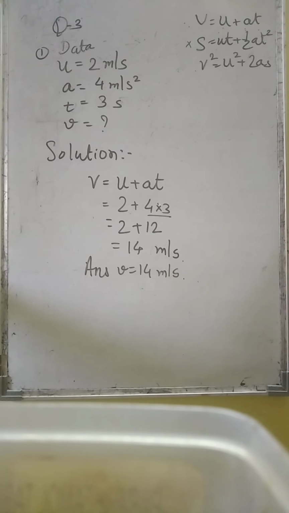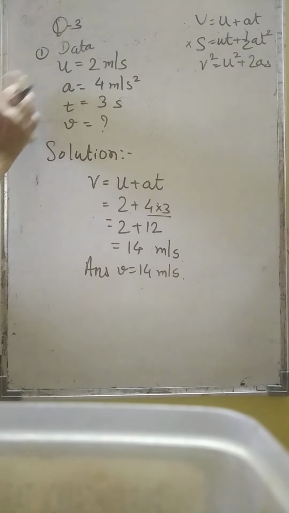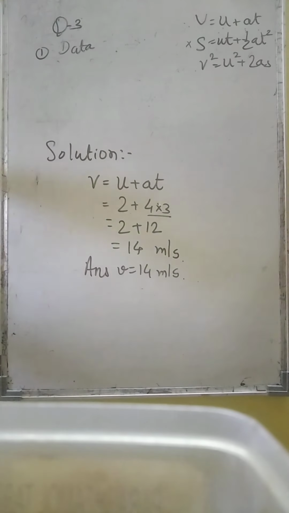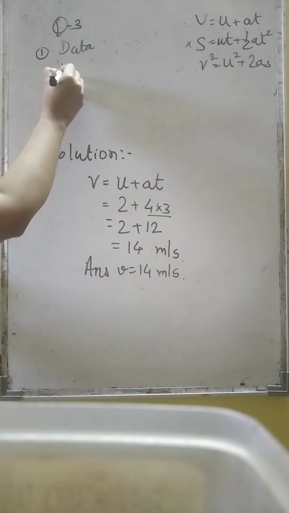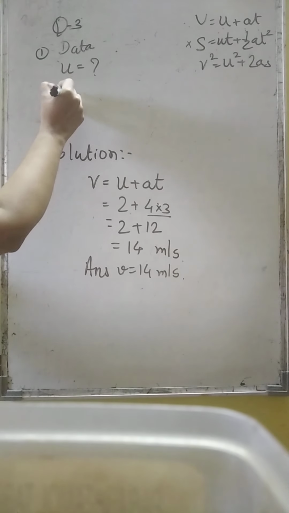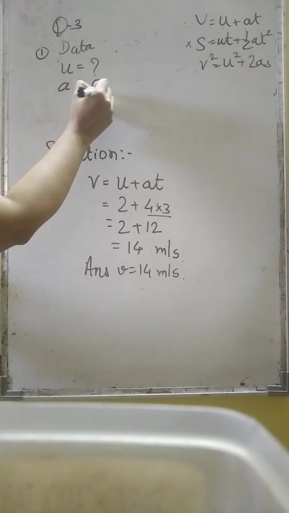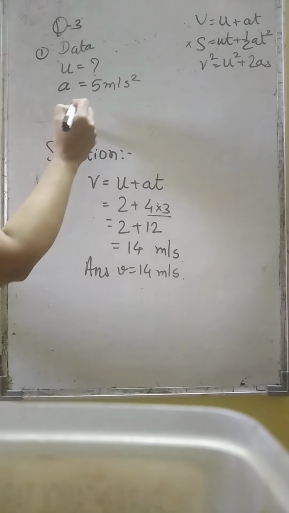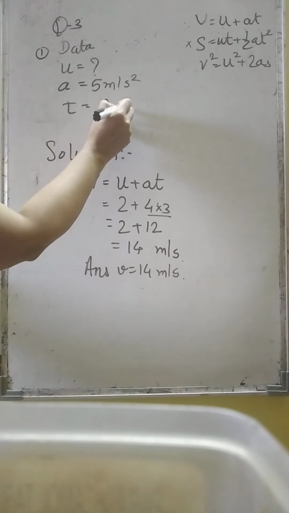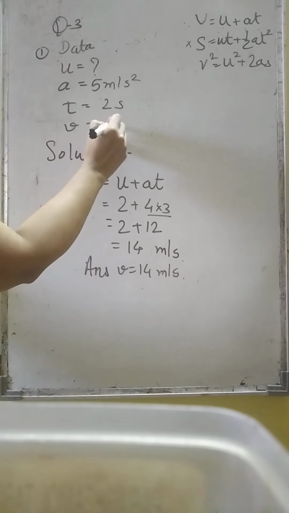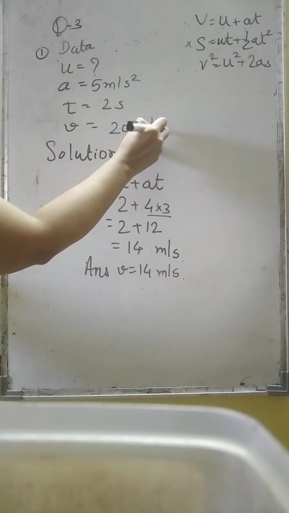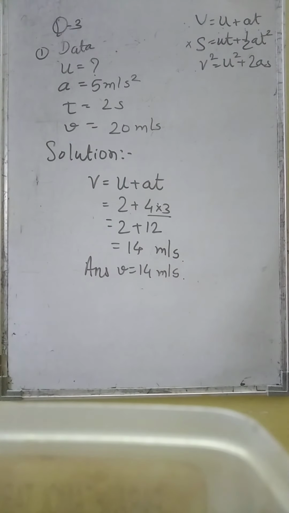Now let us go to the second sum. In the second sum, we have U is question mark, A is 5 meter per second square, T is 2 seconds, and V is given as 20 meter per second. Right?